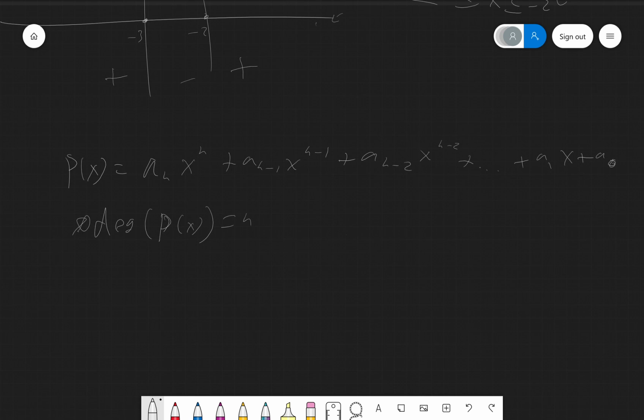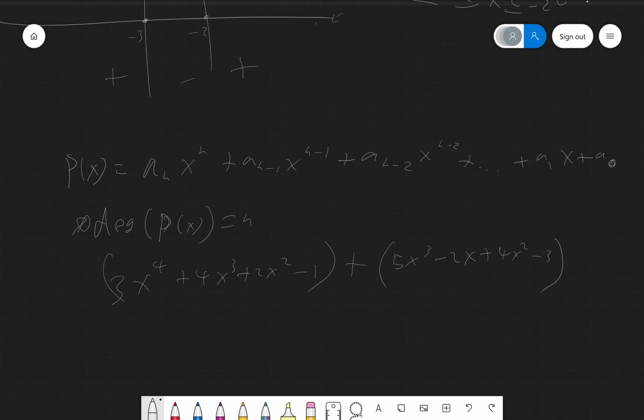Now I'm going to talk about adding and subtracting polynomials, and multiplying. So let's say you had 3x to the 4th plus 4x cubed plus 2x squared minus 1, plus 5x cubed minus 2x plus 4x squared minus 3.